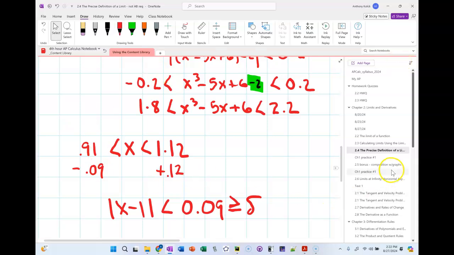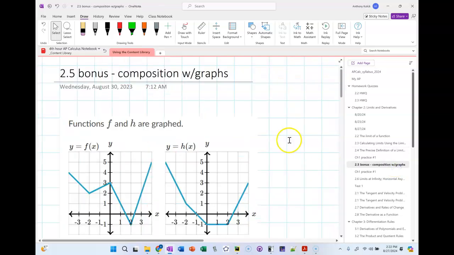I want to now talk about this idea of finding the limit of a composition of two functions when your two functions are given to you graphically.